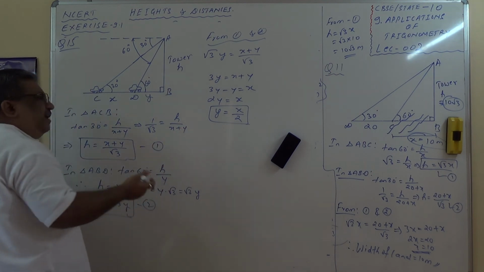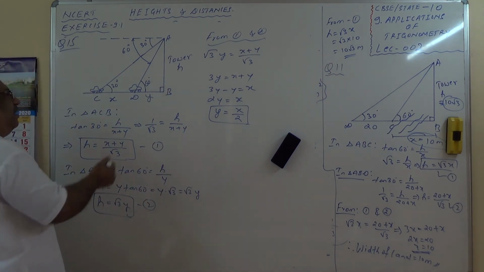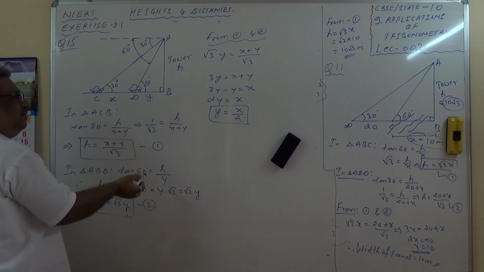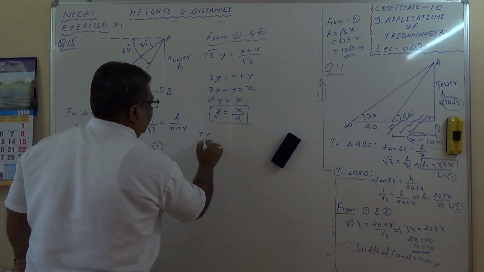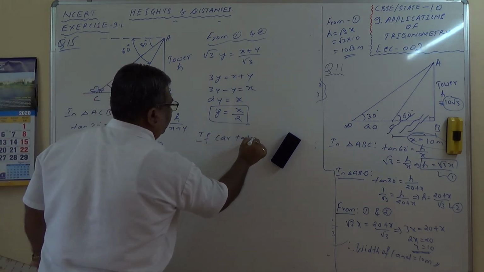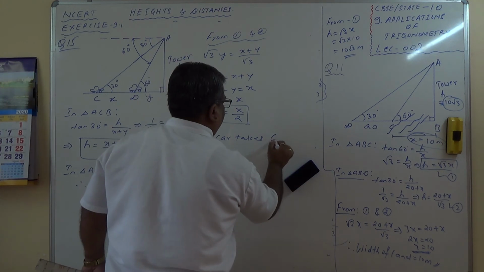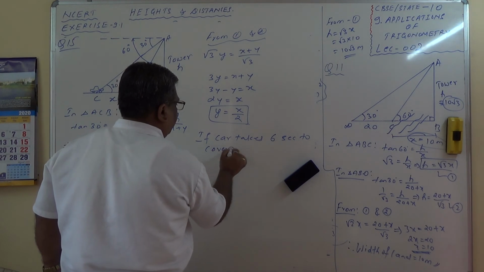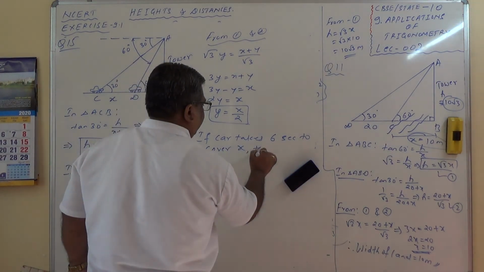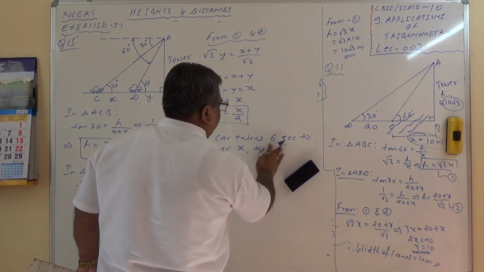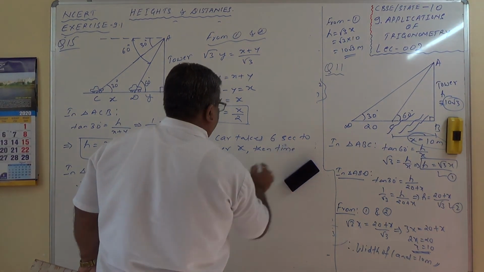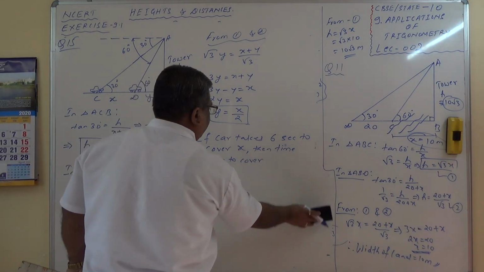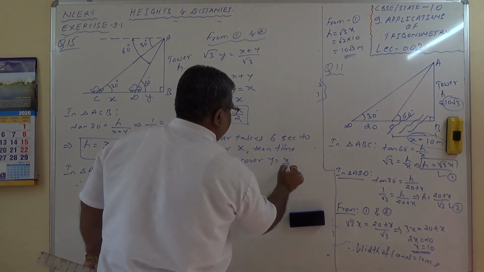So I am going to use the unitary method. If x is the distance, then y is half the distance. If the car takes 6 seconds to cover x, what is the time taken to cover y equals x by 2?